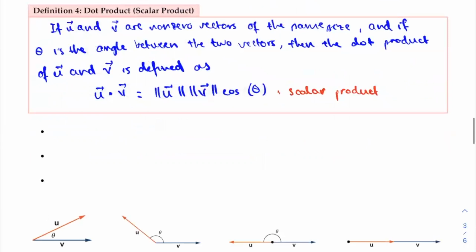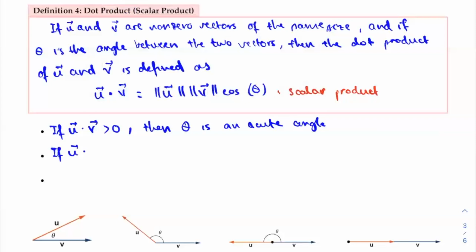Depending on the result of the dot product, you can tell something about the type of angle between the two vectors. If u dot v is greater than 0, a positive number, then the angle between the two vectors is an acute angle. If the dot product is less than 0, then theta is an obtuse angle.